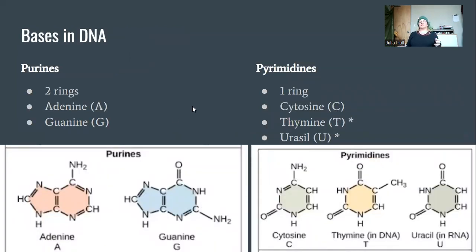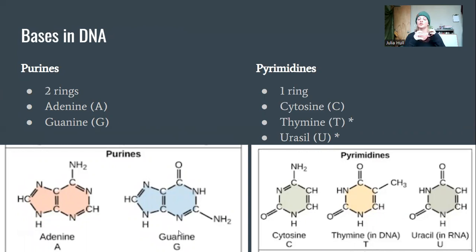So the bases in DNA, I should change this. The bases in DNA are either classified as purines or pyrimidines. And it's just telling us, is there 1 ring in our pyrimidines, or are there 2 rings like we see in the purines? So adenine are A's, and guanine are G's.